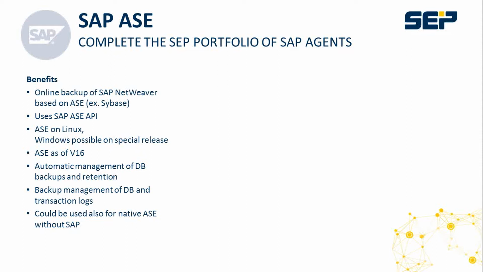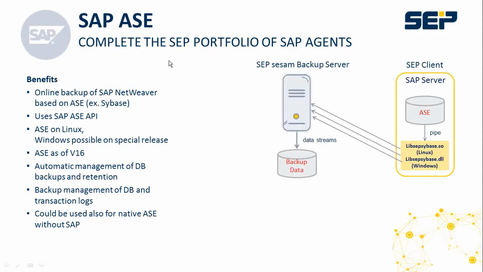And you can use a lot of functionality of our backup software for backup of ASE. Here's a little sketch, a little picture of how it works. We have the SAP client installed on the SAP server, and there's a little shared object, or on Windows a DLL dynamic library.